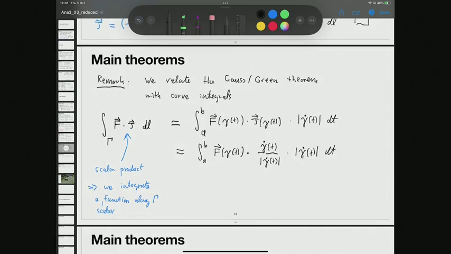Just plugging in definitions one after another. And now I see I can get rid of this speed factor. So I see that these terms here cancel out. And what remains is the integral from a to b of f gamma t, and then the scalar product again against the tangent.